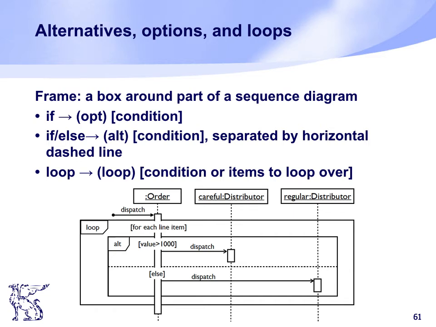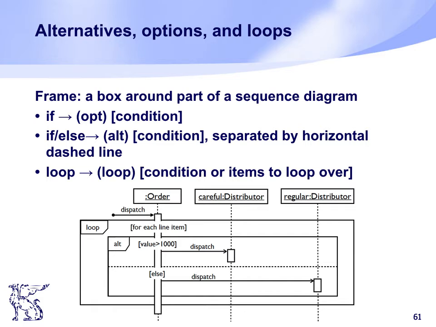So now we will talk about frame or fragment. We use this frame when our sequence diagram is a little bit complex. Okay, so a sequence fragment or frame is represented as a box that frames a section of interaction between objects in a sequence diagram.